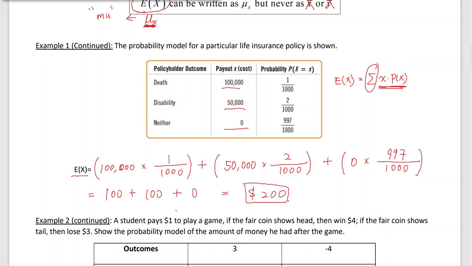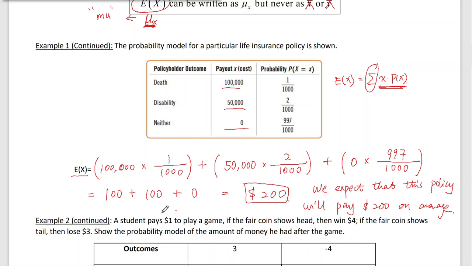It means we expect that this insurance policy will pay $200 on average. So this is the expected value of this discrete variable. If this policy keeps running, we expect that it will pay about $200 on average.